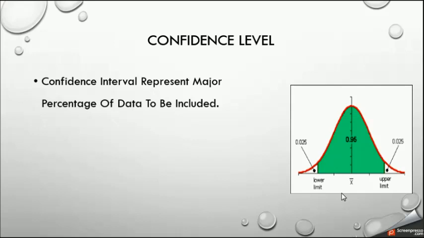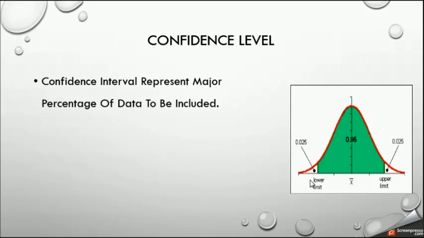So the confidence level represents the interval or the majority of the percentage of the data to be included in the population. Now suppose we have the standard normal distribution. We have the mean value to be 0, but for the right side we have the data going until positive infinity, and to the left side we have data going until minus infinity.